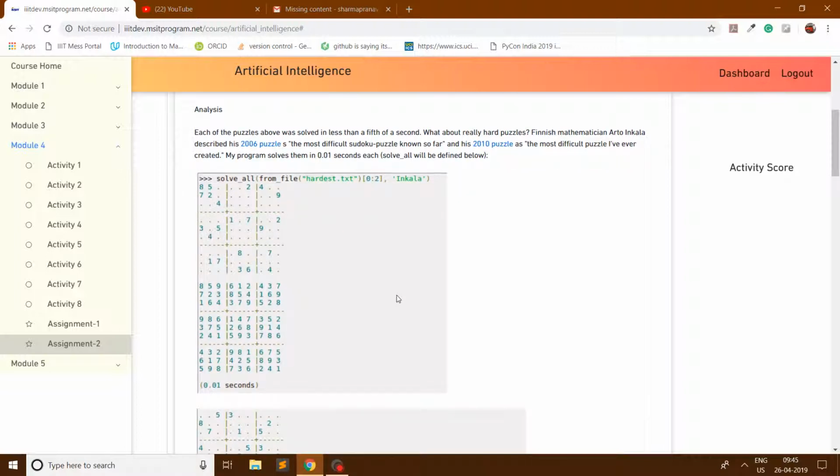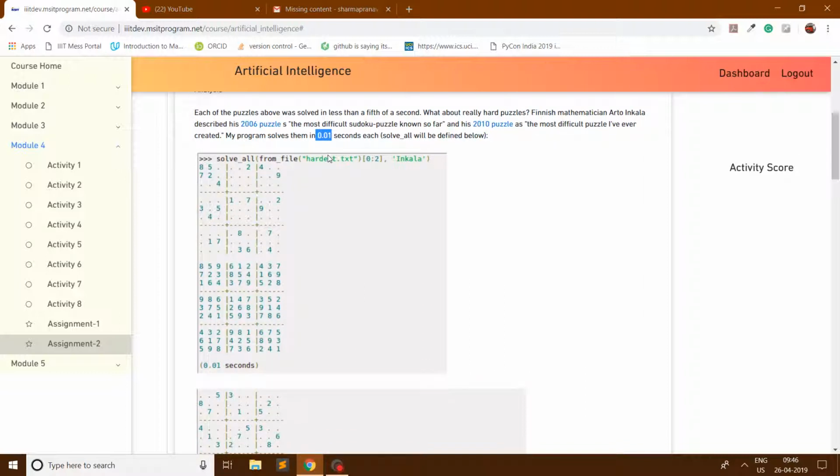Peter Norvig says that his program, which we have seen so far, took only 0.01 seconds to solve this problem, because it can think much faster than the human mind.